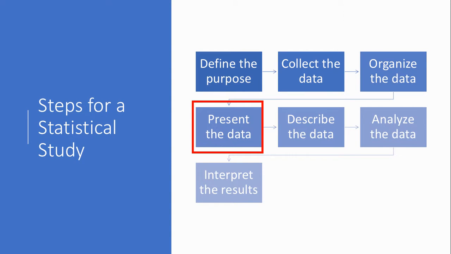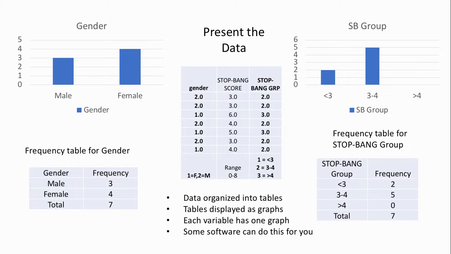So then maybe we're presenting the data. After looking at the frequencies of data, sometimes that's not an easy way to look at data. So then we can look at presenting it in bar graphs, which are easier for the reader to interpret.